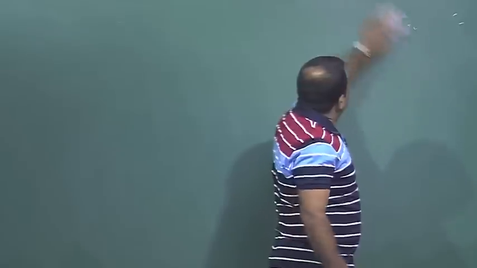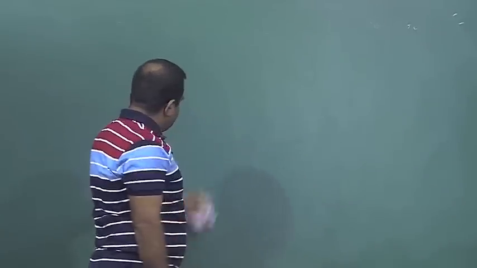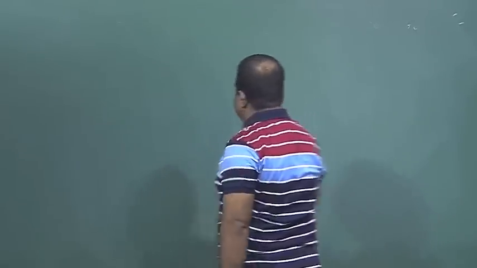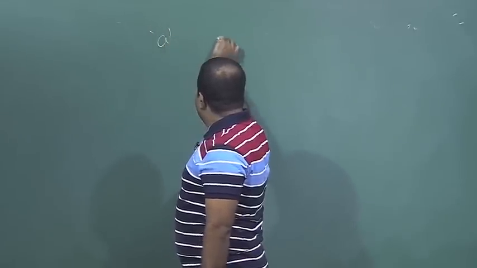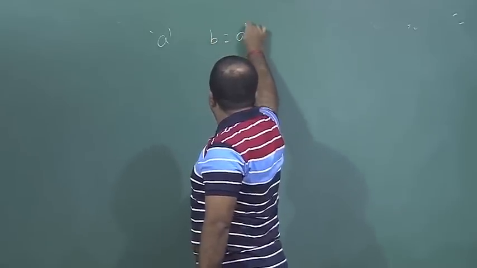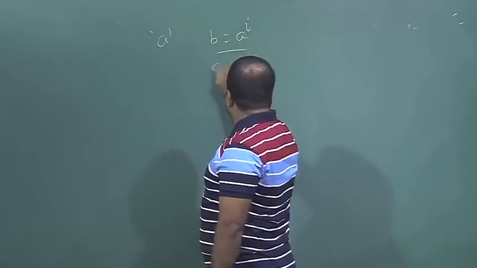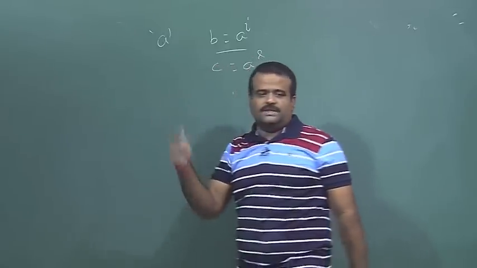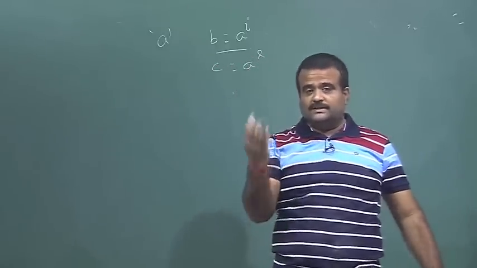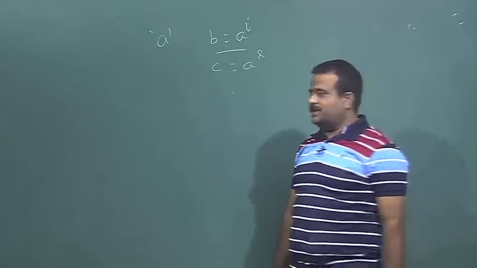Now, we have seen a group is cyclic if it has a generator A such that all the elements are of this form. C is another element, C will be of this form. So, basically A generates the group, then it is called a cyclic group if such A exists, and then A is called a generator.